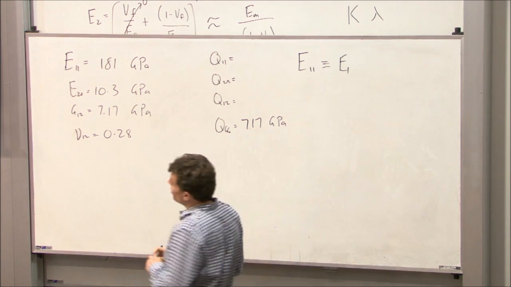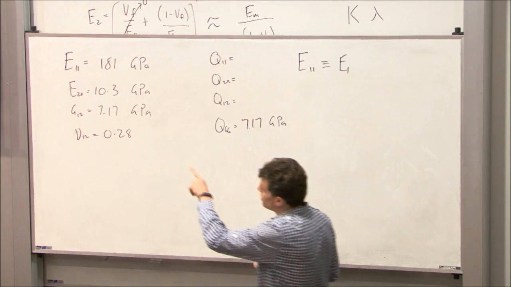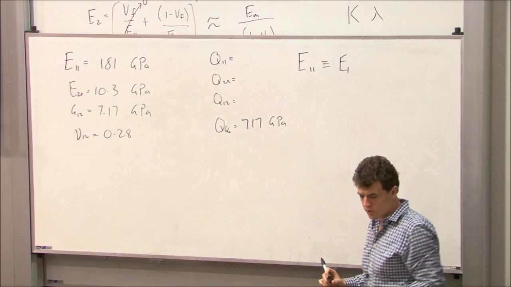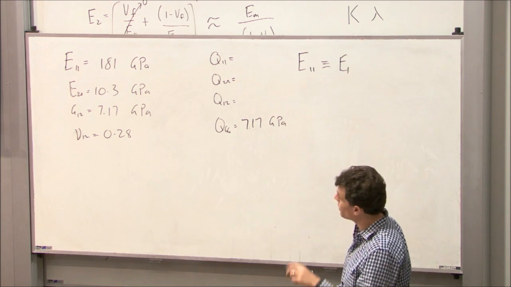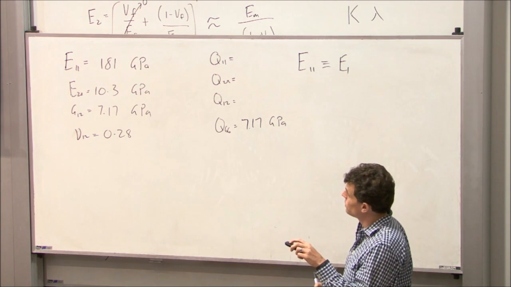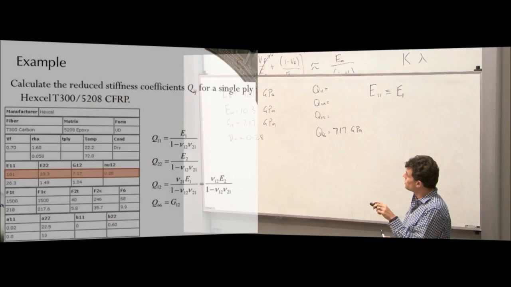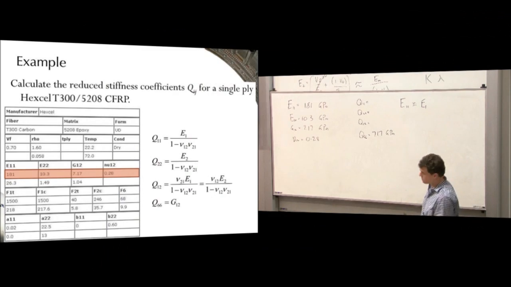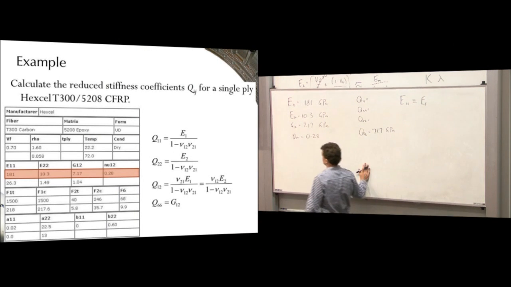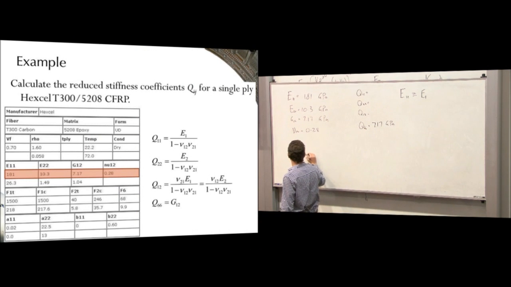Q12, you see, has got two different formulations for it there. So we know that the bottom here is the same, so the top has to be the same. So we can say nu21 E1 equals nu12 E2.